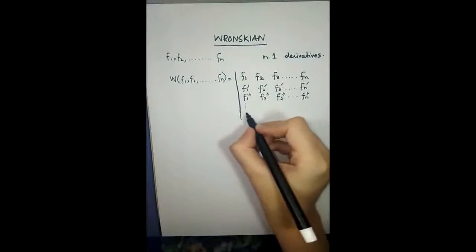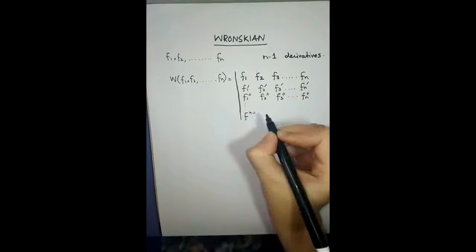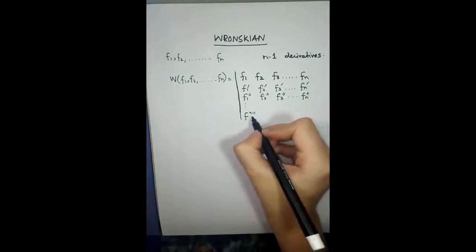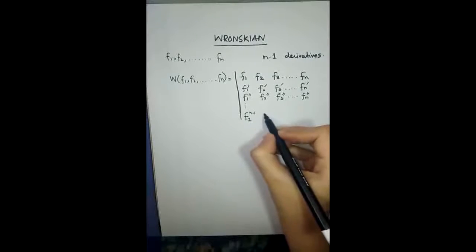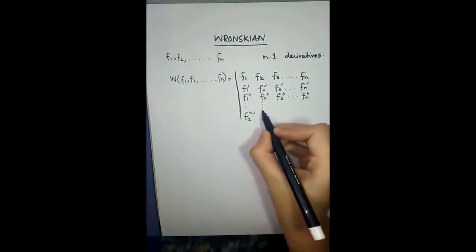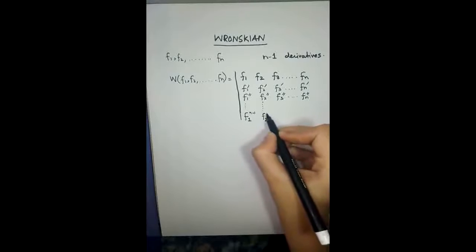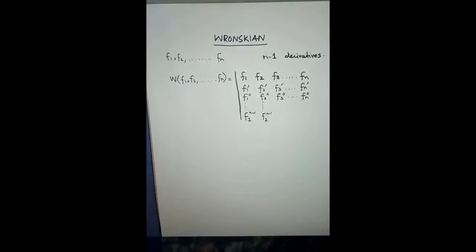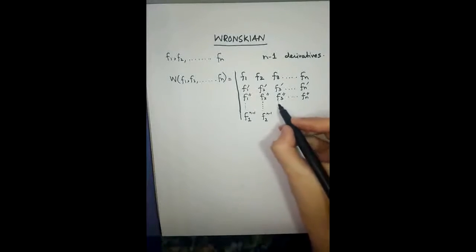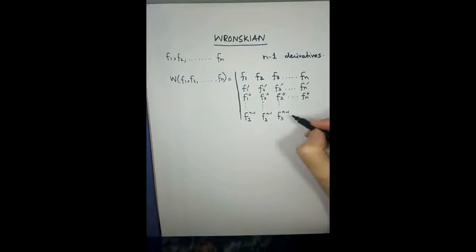So the last row is the n minus 1th derivative of f1, the n minus 1th derivative of f2, the n minus 1th derivative of f3, and so on, last is fn, which has the n minus 1th derivative.